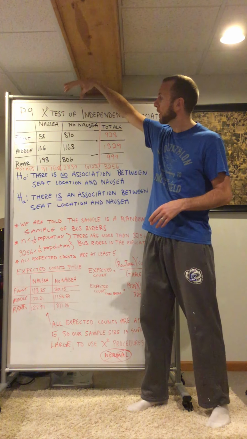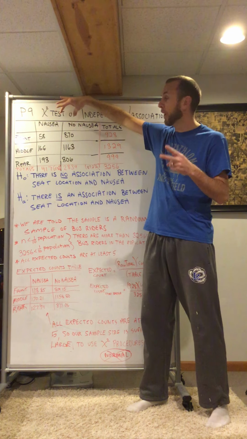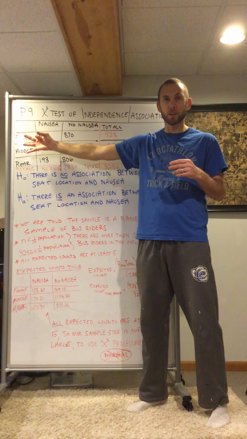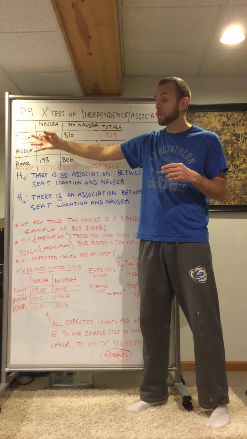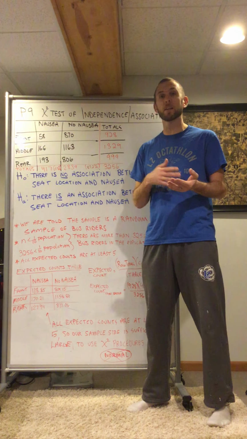That's what we have here. We have nausea, which has two categories, nausea or no nausea, and we have seat location, another variable, which has three categories.